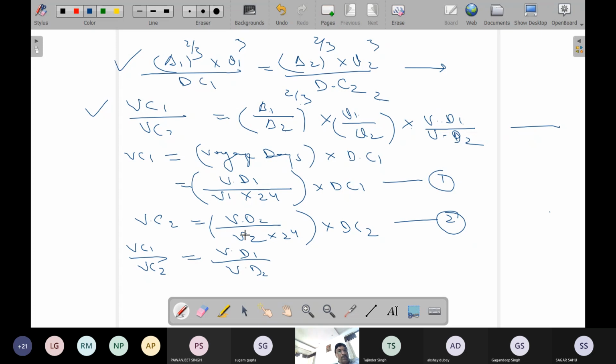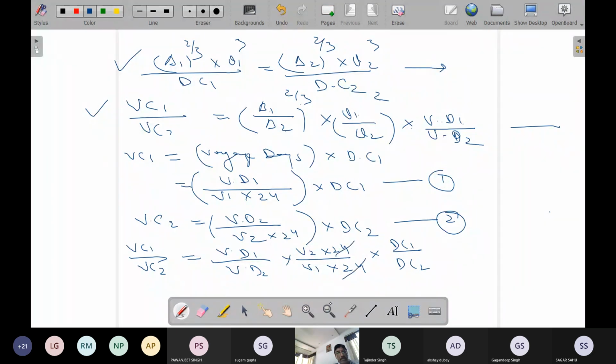And this will come in numerator, this will come in denominator. So I will have V2 into 24, and in the denominator I will have V1 into 24, multiplied by DC1 by DC2. This is what we get by dividing equation number 1 by equation number 2.